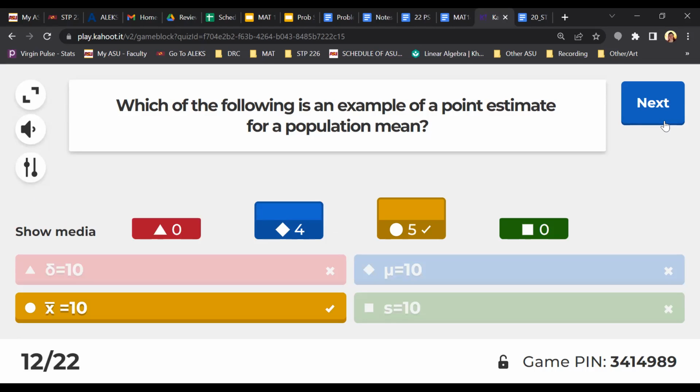So looking at this one here, if you grabbed like mu equals 10, for example, then you were seeing the word population mean and you were going, oh, mu is population mean, and you would be correct on that, but it's not asking for the population mean, it's asking for the point estimate of the population mean. That's really tricky there, right? They're trying to trick you. So you want to look for that word point estimate. The point estimate is the sample version. It's our best guess at the true value. So X bar equals 10 is our point estimate of the population mean.